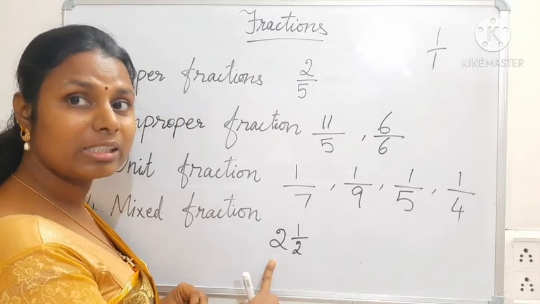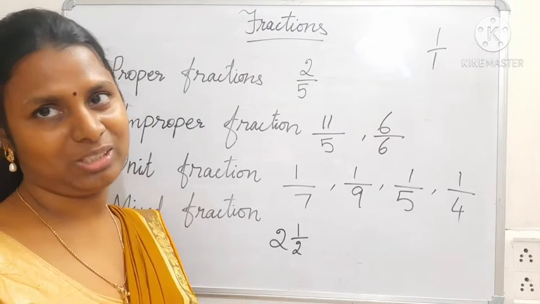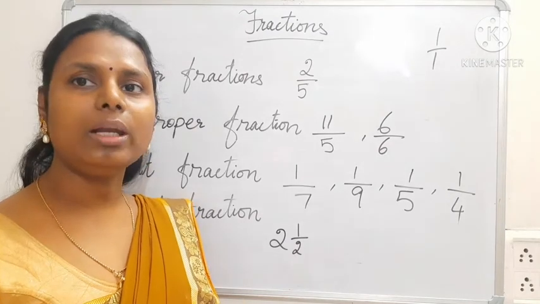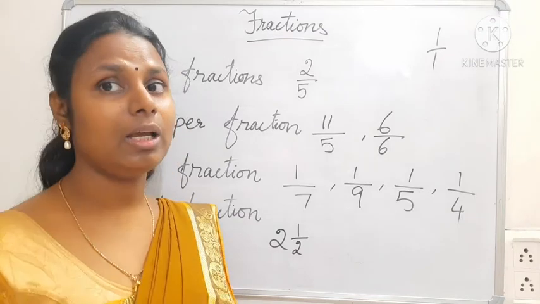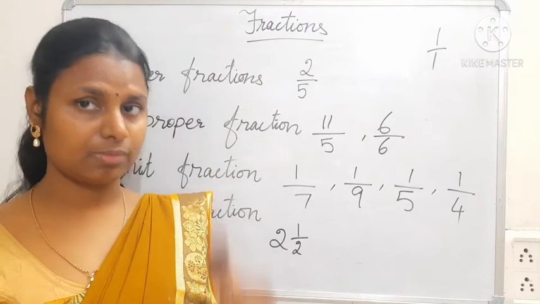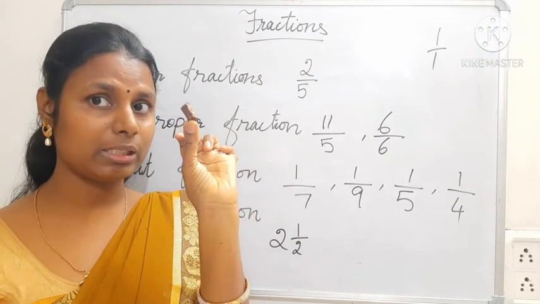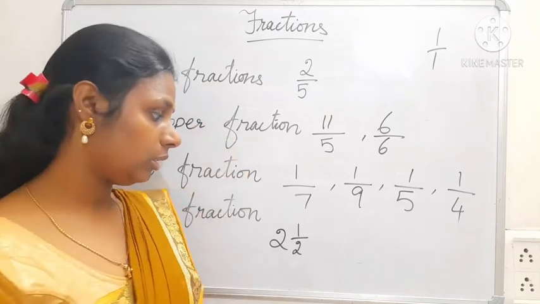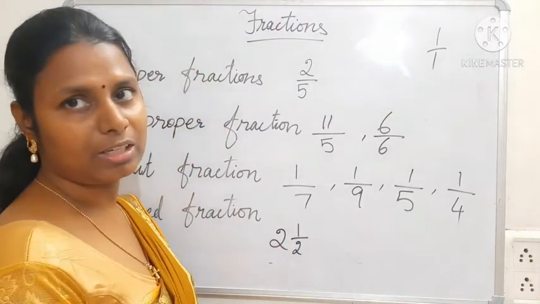That's why it is called mixed fraction. Have you got it why it is mixed fraction? Because the whole number also is there, the 2 pieces. Okay, now we have broken one piece into half, so that half fraction also is there. This is called mixed fraction.